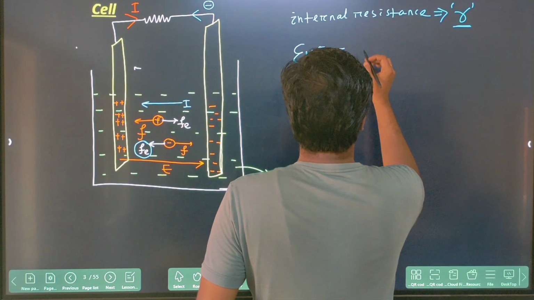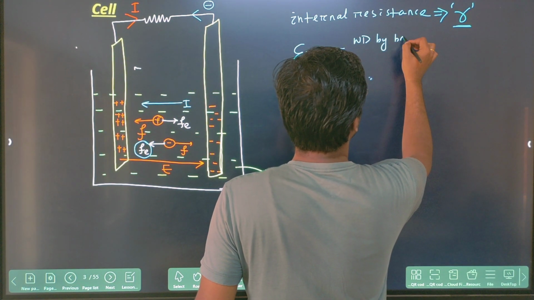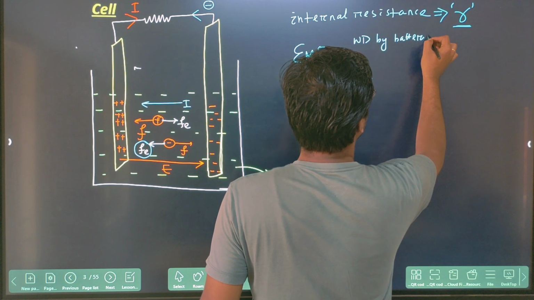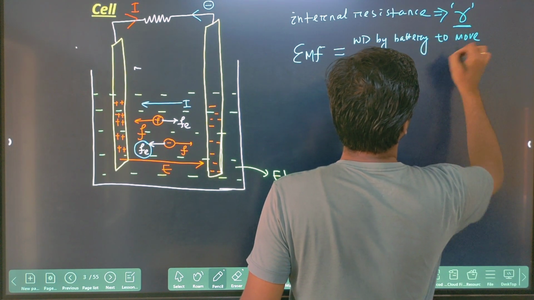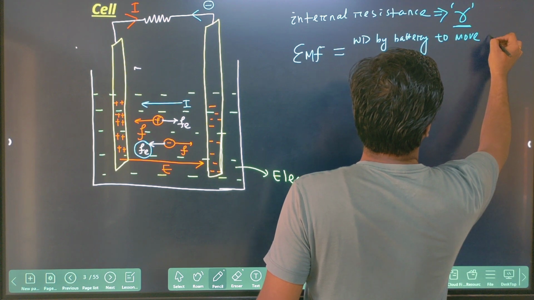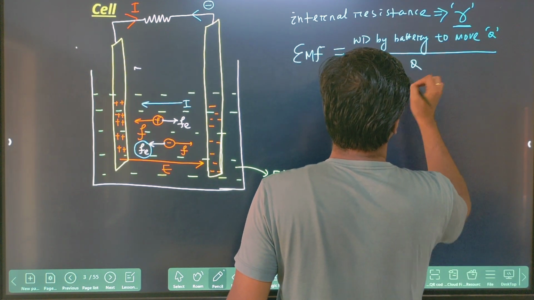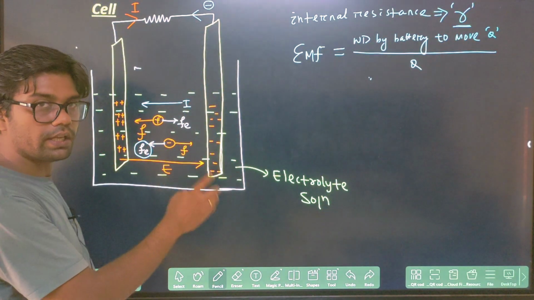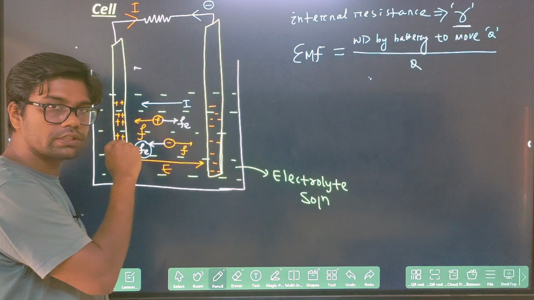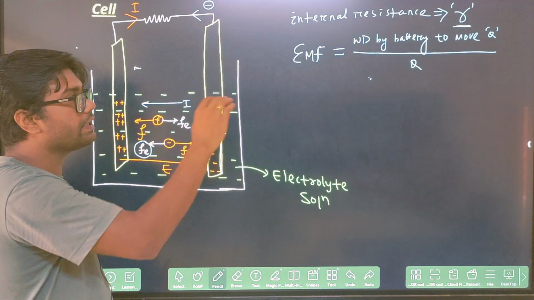So what it is saying is the work done by the battery to move a charge Q, divided by the charge Q. How much work the battery is doing, that means this unknown force is doing, to move this charge, divided by the charge.